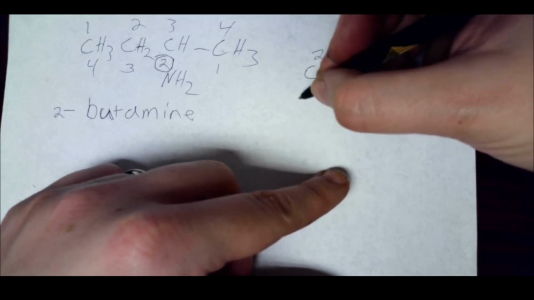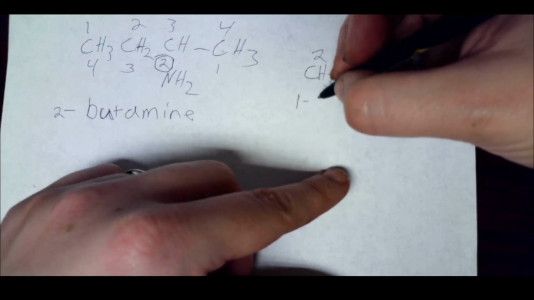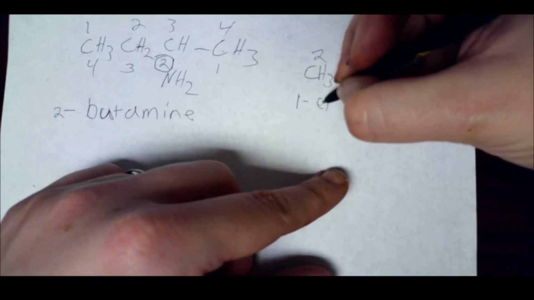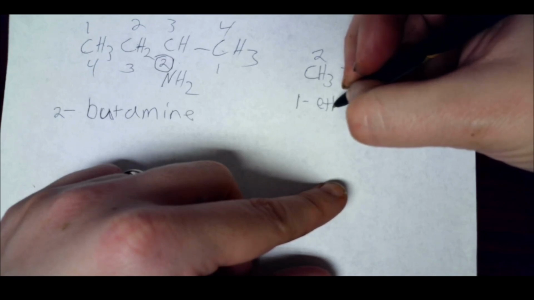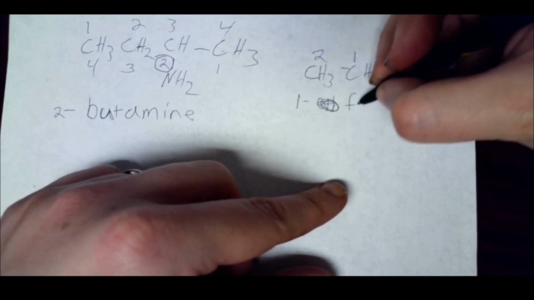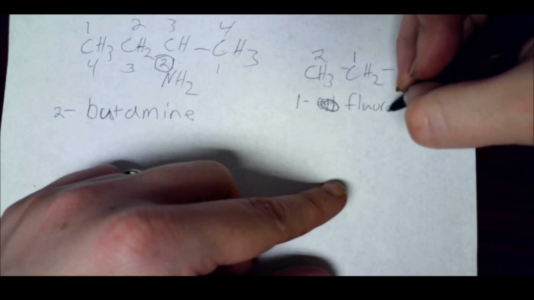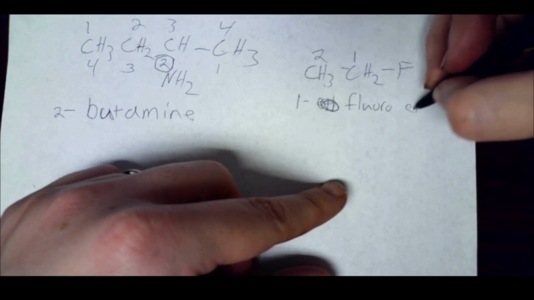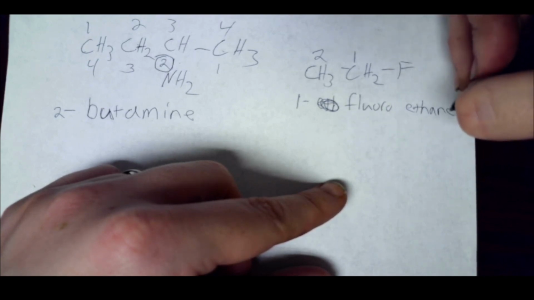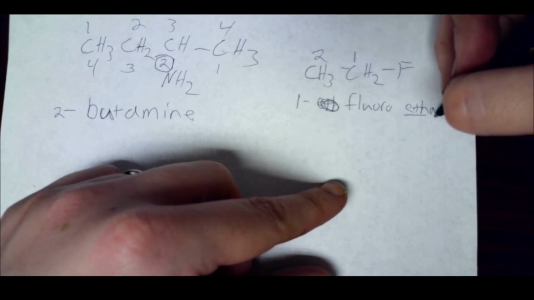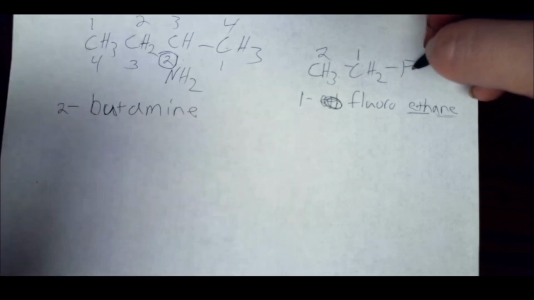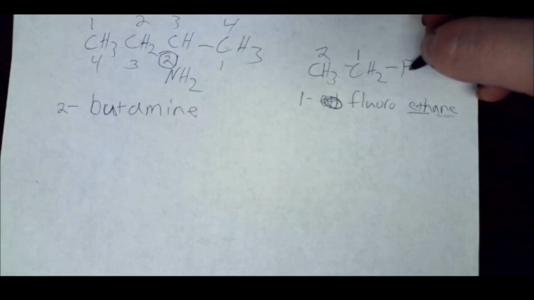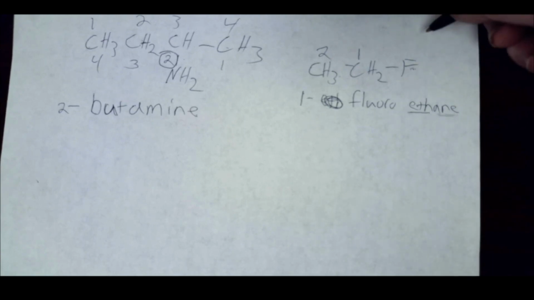So there's only the option of 1-fluoroethane. The F tells us 2 carbons. The ane says there are no functional groups more important than a halide. So we can call it like that.